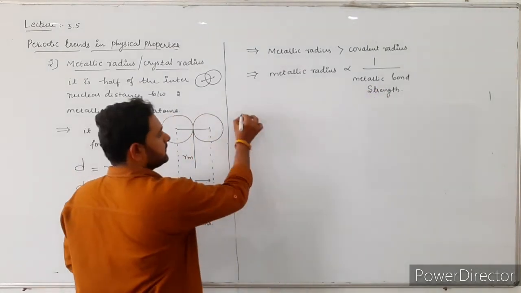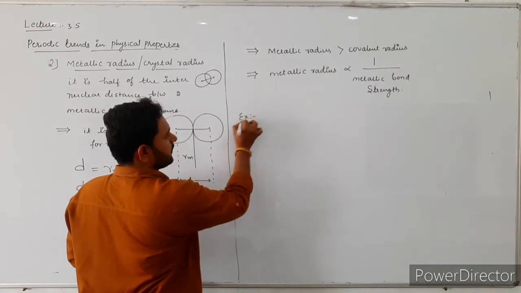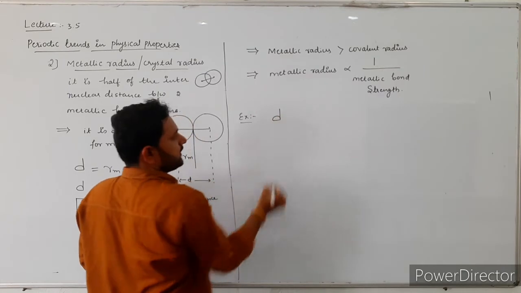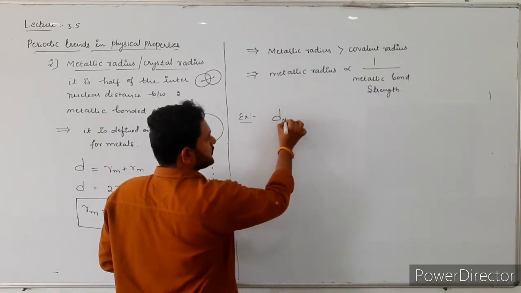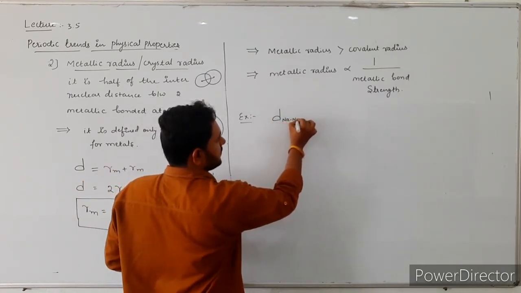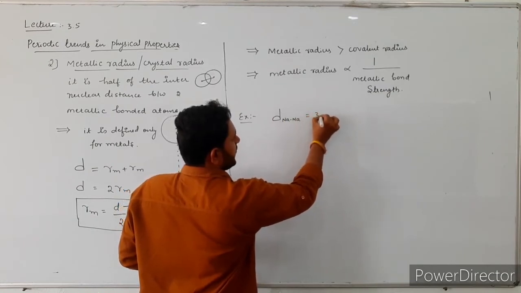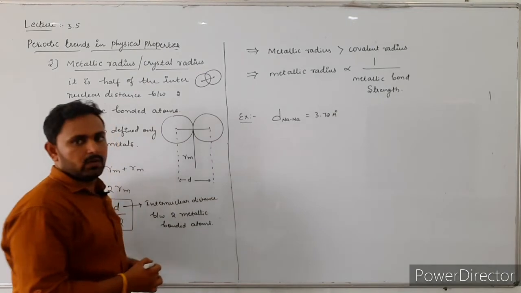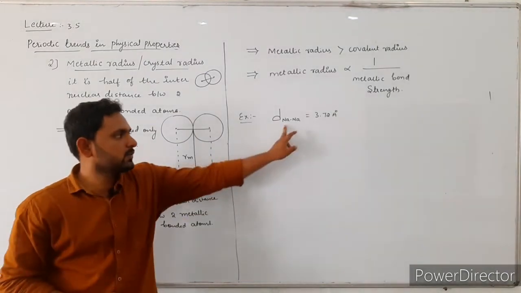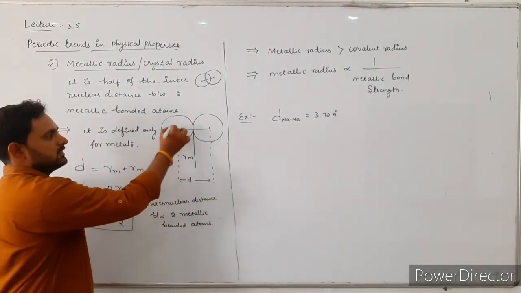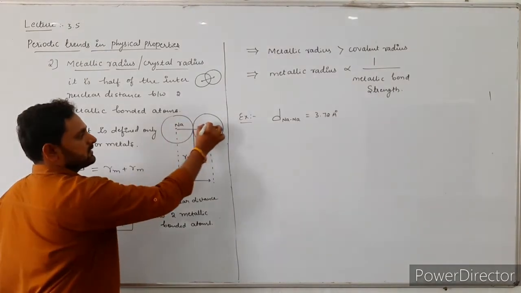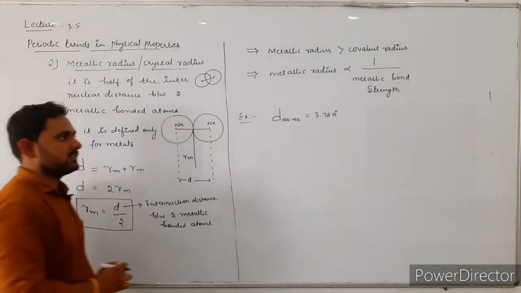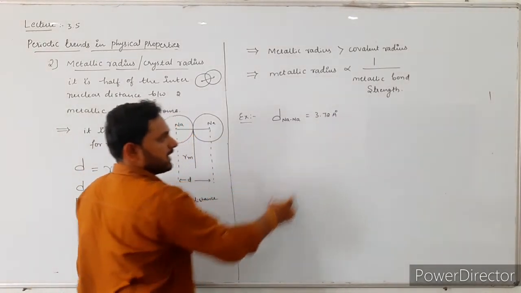For example, the internuclear distance between two sodium atoms is 3.72 angstrom.